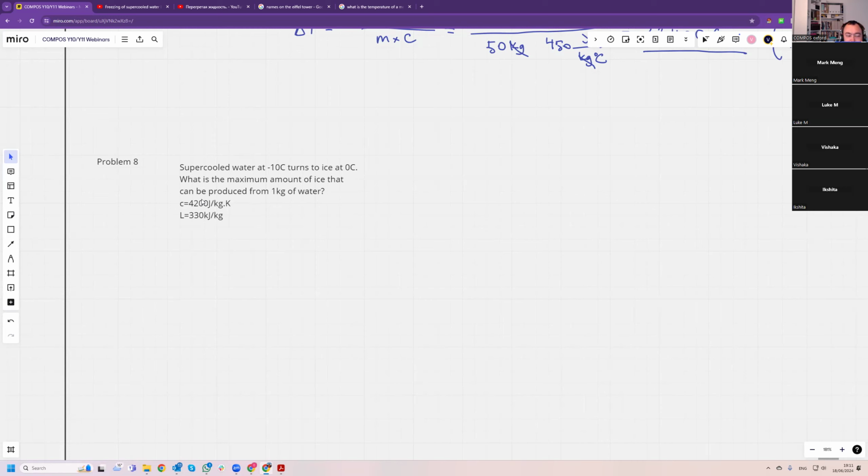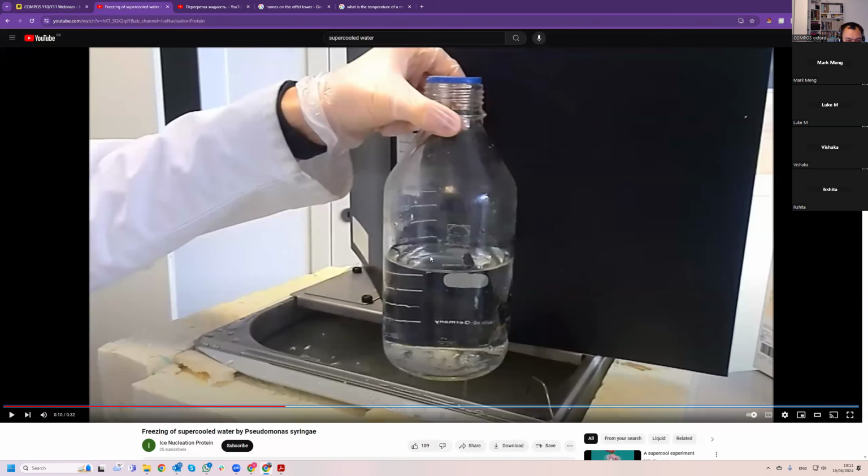So this is supercooled water. It is cooled below freezing point, below 0. It's not freezing because in order to crystallize, turn to ice, it needs a starting crystal.